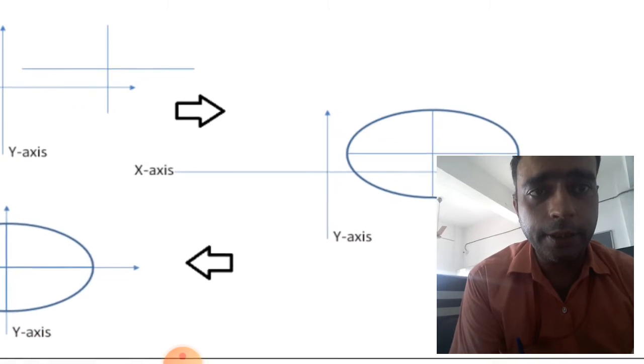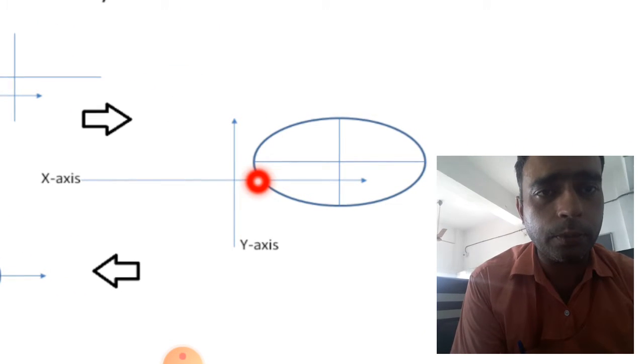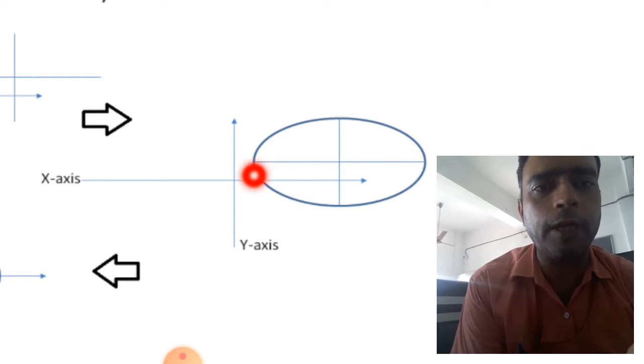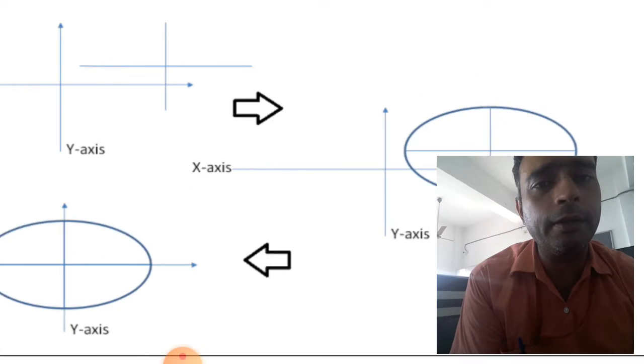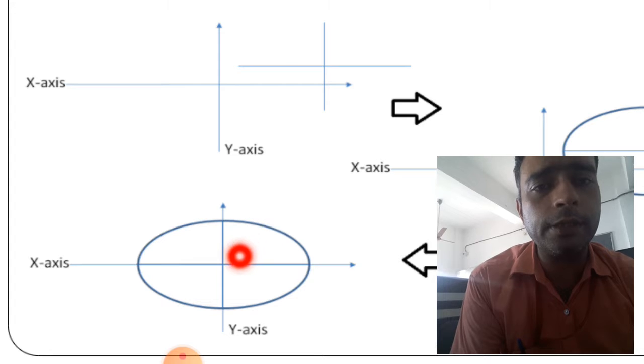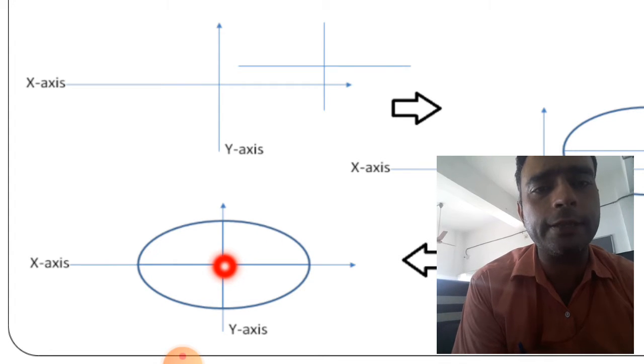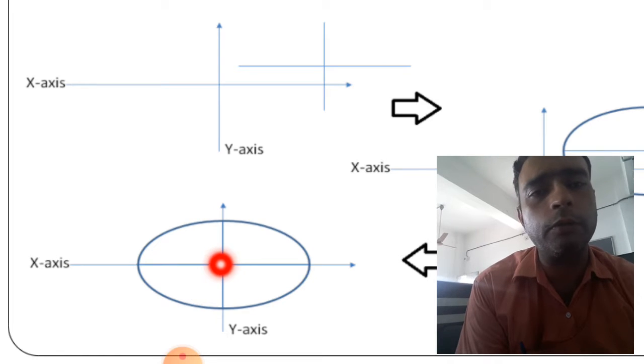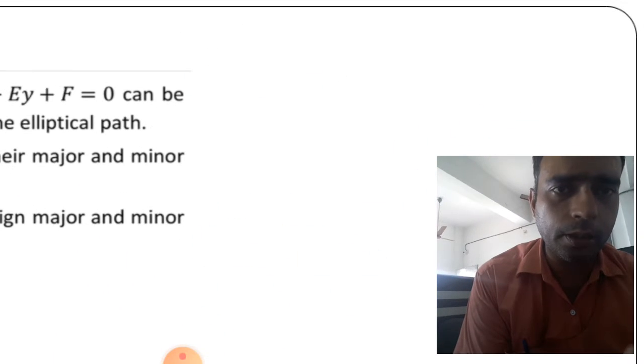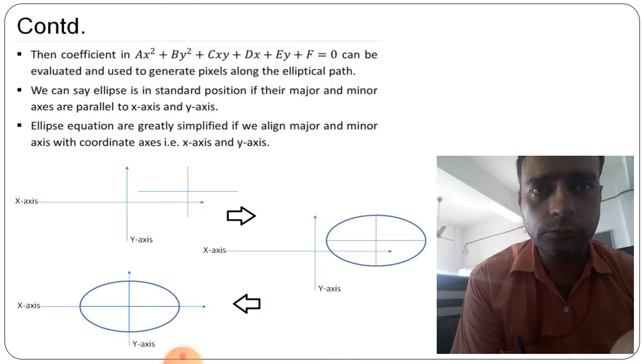According to that, we are able to join these particular ends and make one ellipse, and finally the ellipse is fixed on the x-axis and y-axis, making the origin (0, 0) the center point of this ellipse.